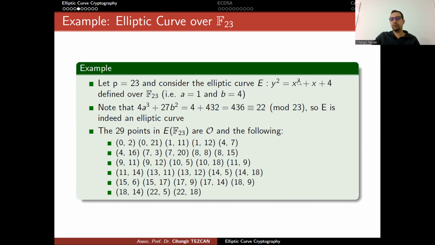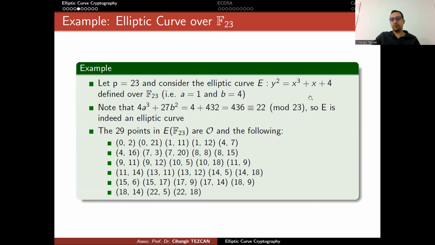You put x equals 0, and you end up with y squared equals 4. This means that y can be either 2, like here, or minus 2. But minus 2 means 21 modulo 23, right? This is why we get 2 points when we fix x equals 0.